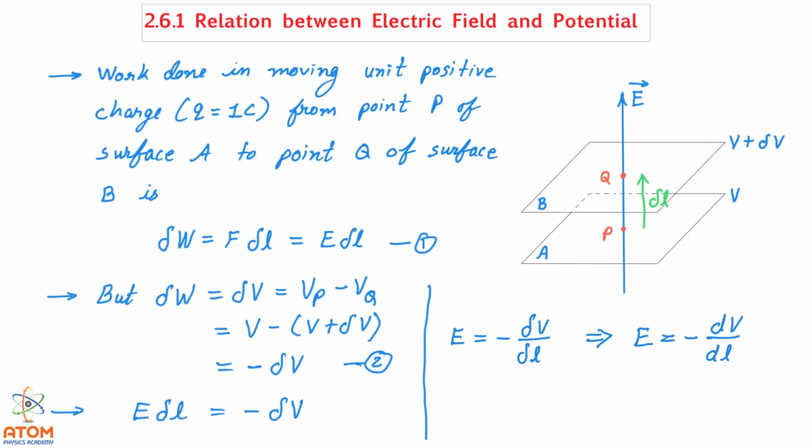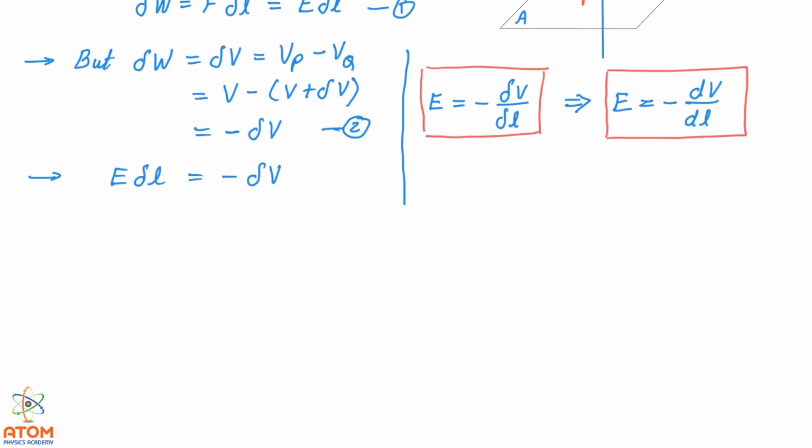This is the equation showing the relation between electric field and potential. These equations will be very much useful in solving further questions. But right now we can derive three important facts from these equations. Let us see that.